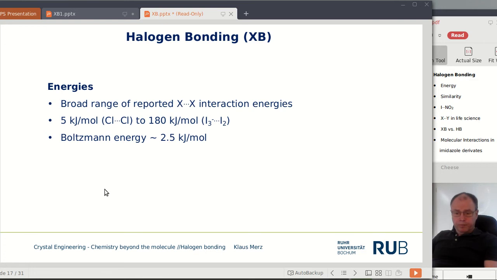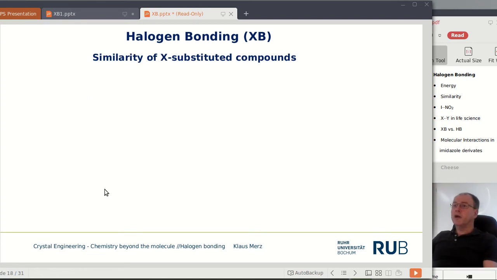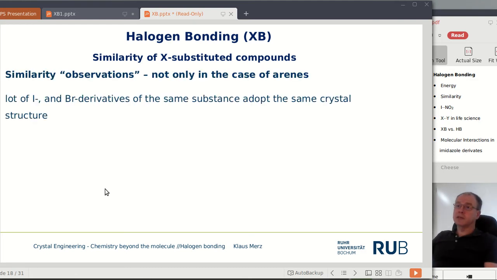First of all, if you look in the crystal structure database at, for example, bromine and iodine substituted compounds, you very often find a similarity, isostructure. I've shown you some examples on one of the beginning slides of the lecture series.